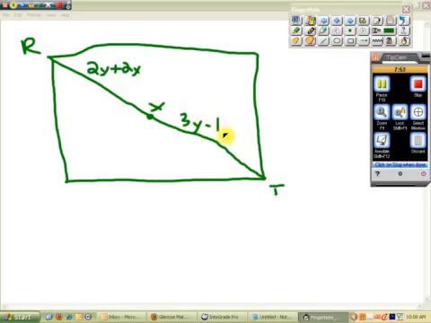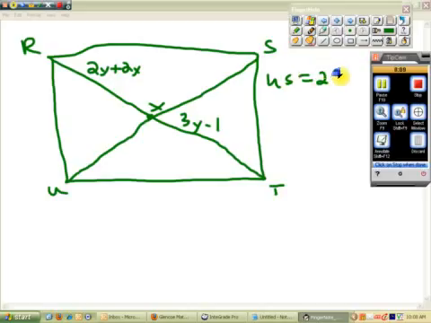The other diagonal, US, which is this whole line here, is equal to 28. Since US is 28, this is equal to this, which is equal to this, which is equal to this. So 3y minus 1 equals 14, because it's half of RT, which is half of US.